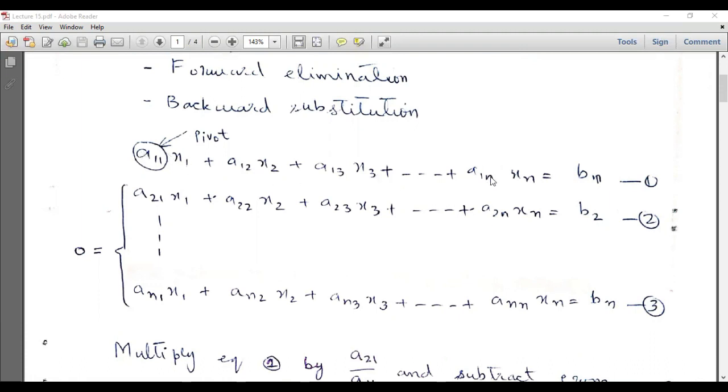If I multiply this whole equation by a21 over a11, then my first entry becomes a21 x1, and all the other entries also change.